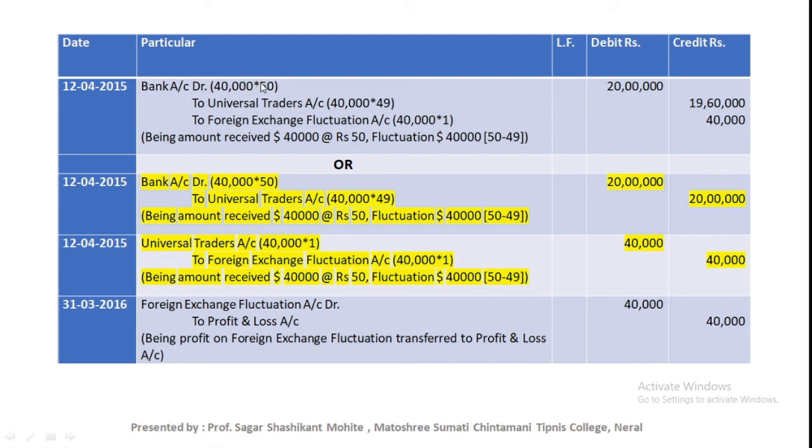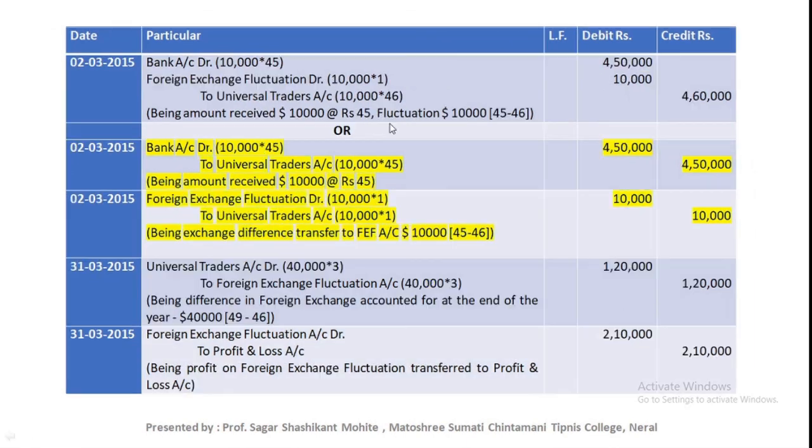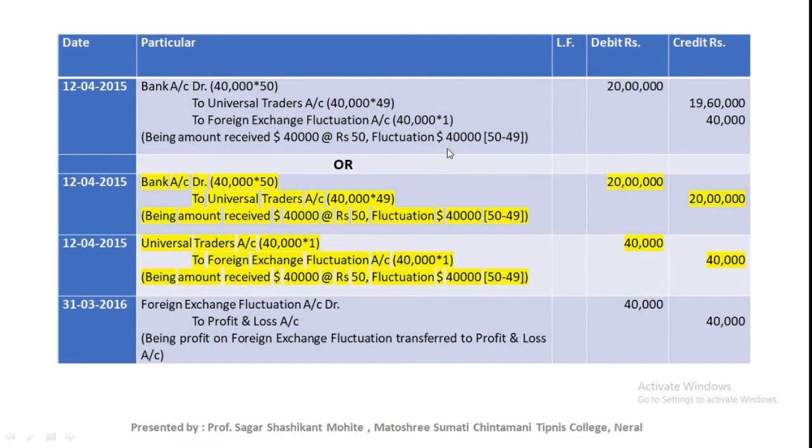On the date of receipt, the rate of exchange is rupees 50 per US dollar, and now we need to compare that rate of exchange with the year-end rate. In the next year you need to compare that rate with the year-end rate and not with the base rate you were using earlier, that is rupees 46 per US dollar. In the next year you need to consider the year-end rate as the base rate.